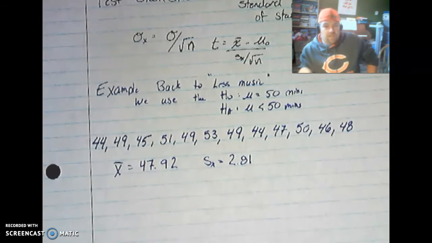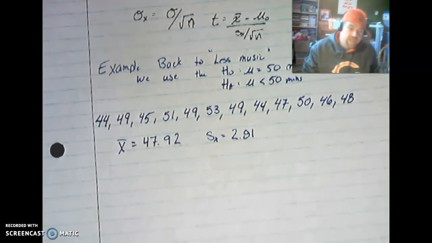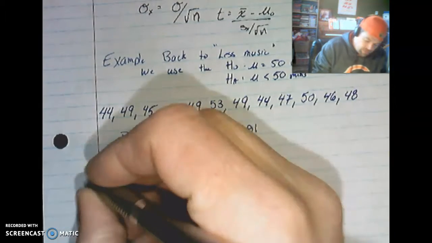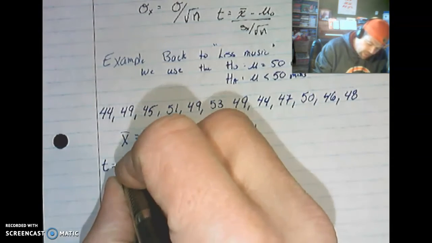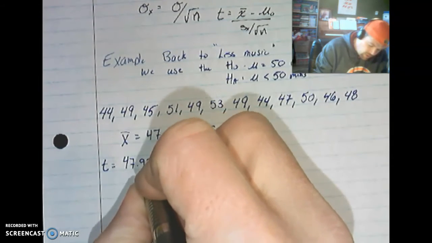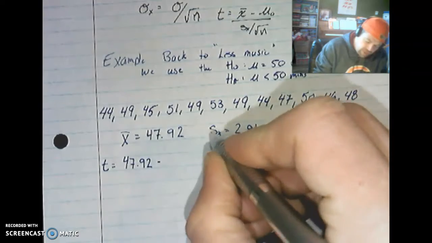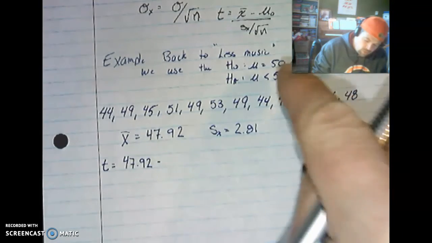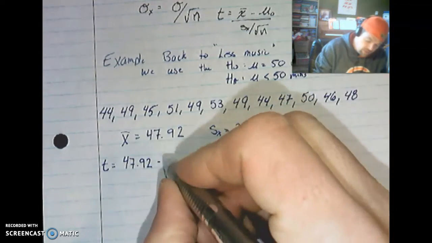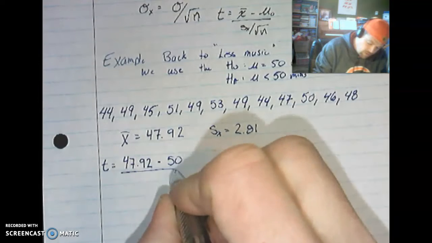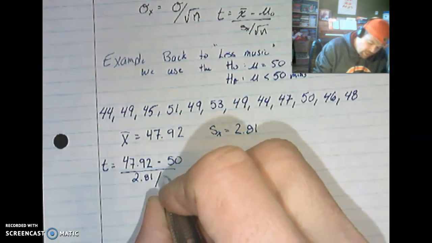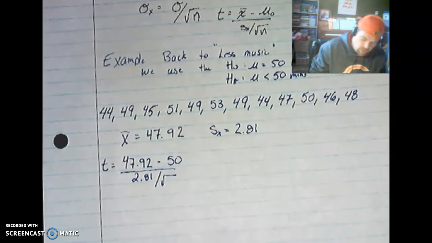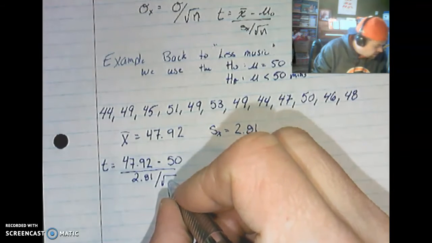For our t-score, I take my x bar, 47.92, subtract my parameter, 50, and divide by s of x, 2.81, divided by the square root of 12.